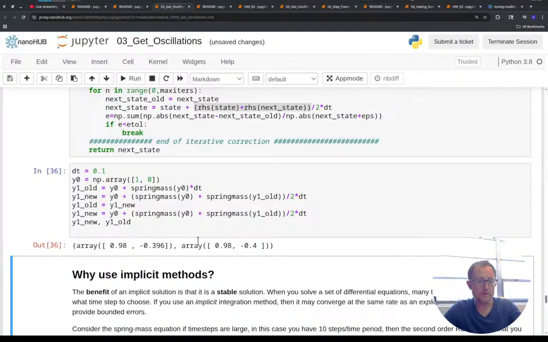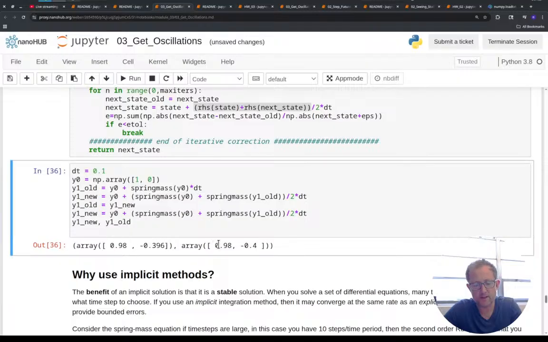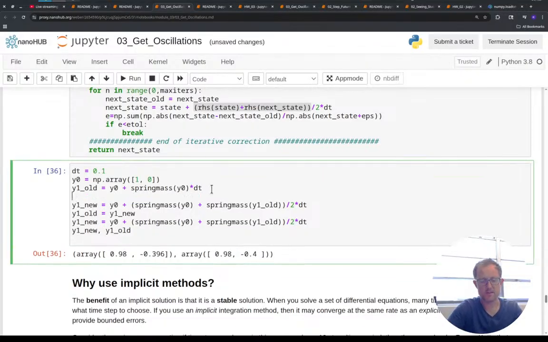And then if I do it again, then it's not changing these values very much, but let's start, maybe we should start printing each step, right?